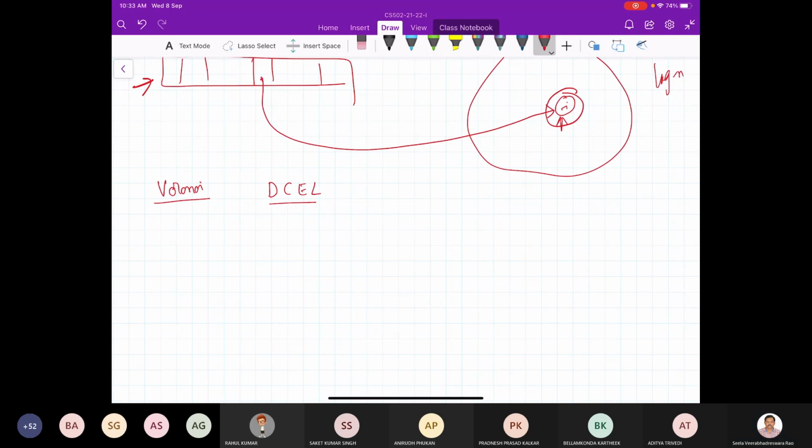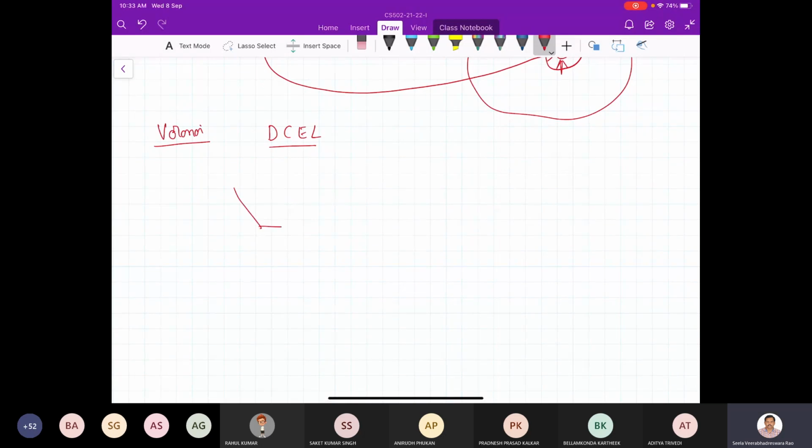So whatever Voronoi diagram we have, I took some random one, so I assume this is the Voronoi diagram.